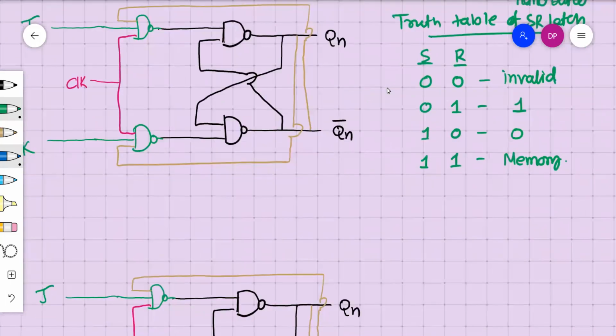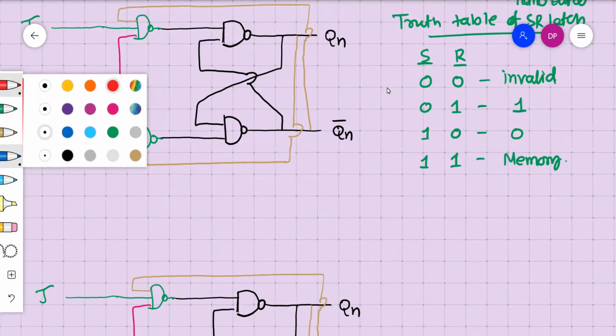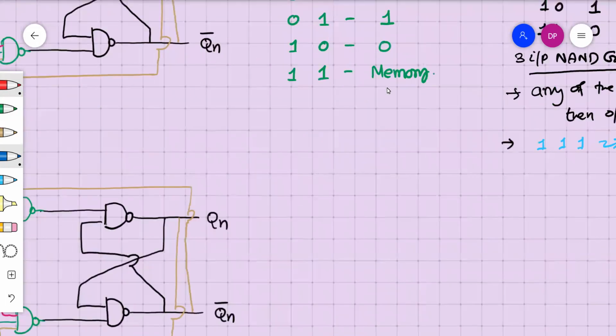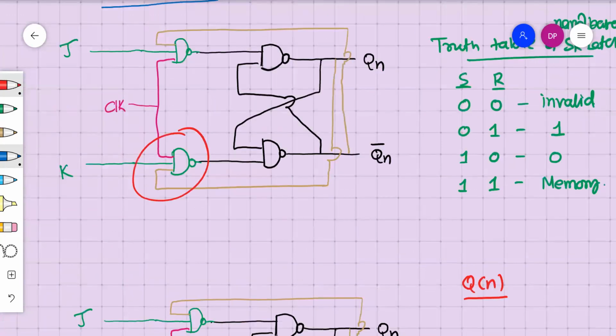So let me do it in this way. For the JK flip-flop, what are the inputs over here? You can see 3 inputs are there: one is clock, one is K, another is the previous one.